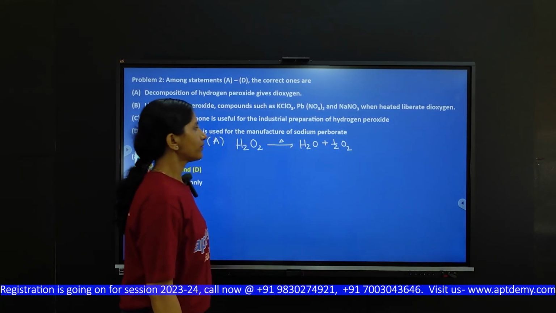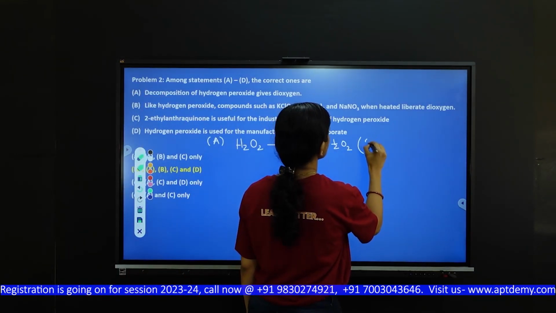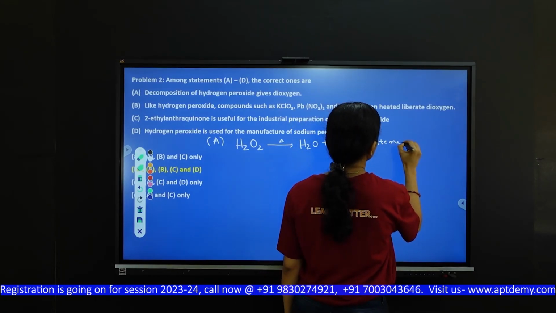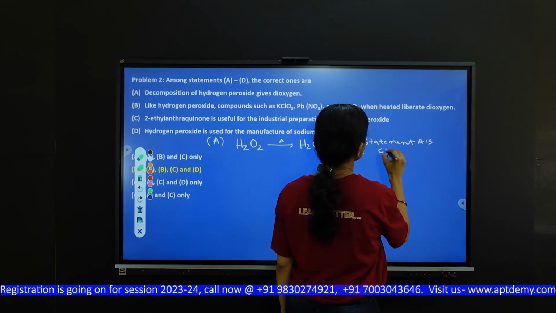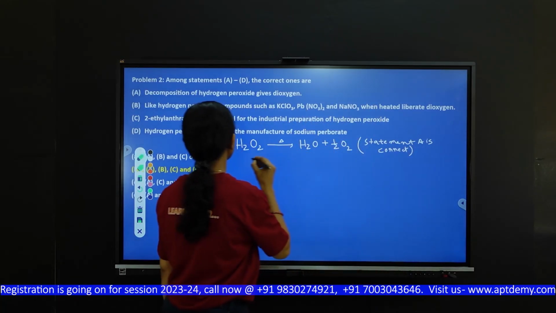So we have dioxygen as a product. So we can say that statement A is a correct statement.